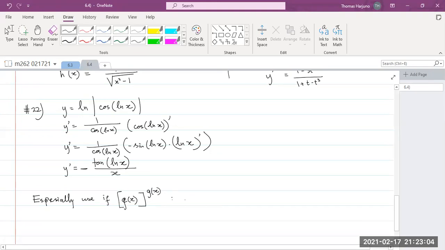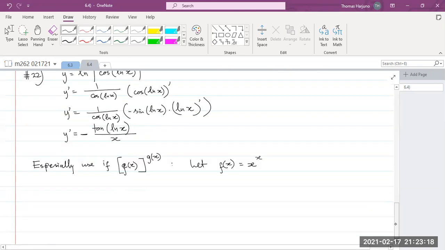Just for example, suppose I let f(x) equal x to the x. What is the derivative? I think this is a very standard example everywhere.